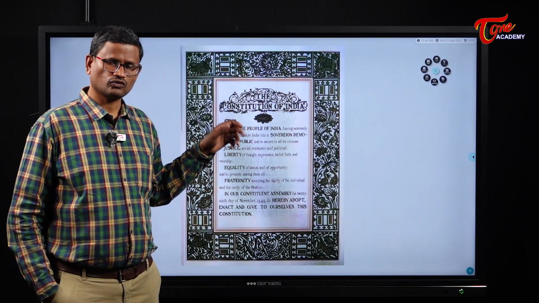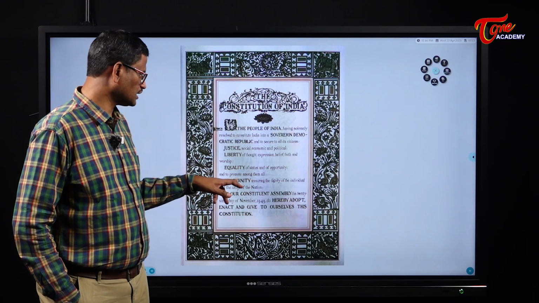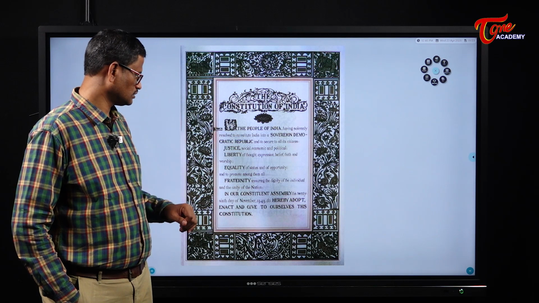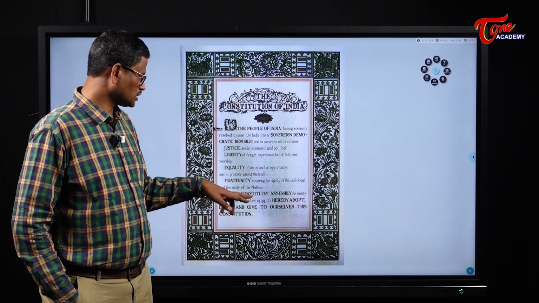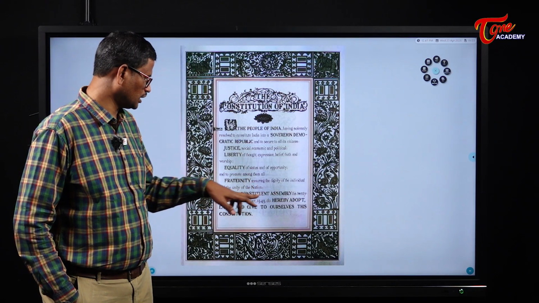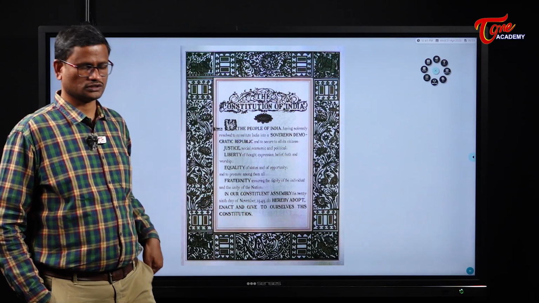Equality, equality of status and opportunity, and to promote among them all fraternity, assuring the dignity of the individual and the unity of the nation. In our Constituent Assembly, this 26th day of November 1949, do hereby adopt, enact and give to ourselves this Constitution.